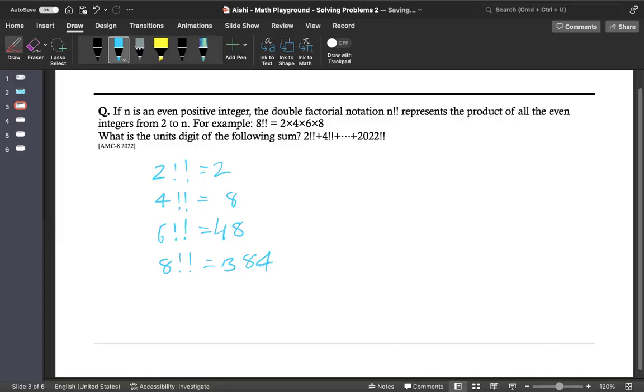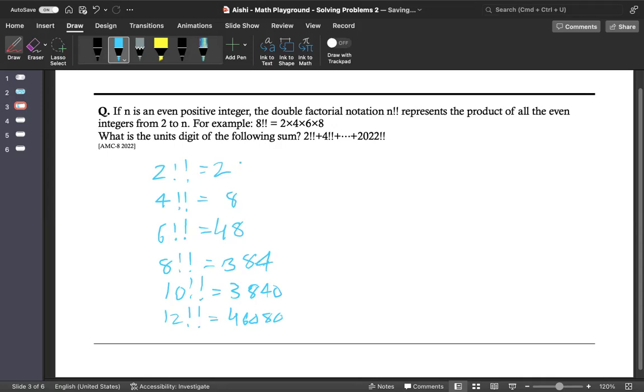Yes, I did this. And then 10 double factorial would be 3840. Remember, the question only asks for the unit digit. 12 double factorial is equal to 46080.